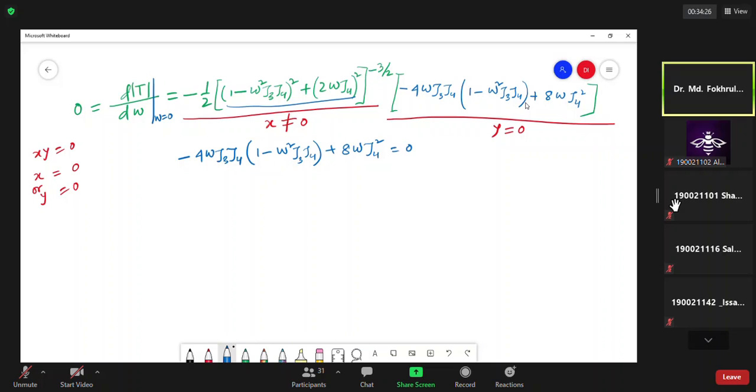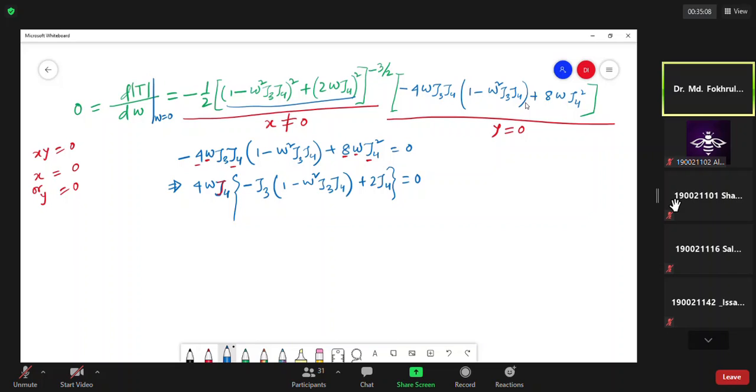If we simplify it, we can take 4ωτ4 common, then it will be 4ωτ4 times [minus τ3 (1 minus ω² τ3 τ4) plus 2τ4] equals 0.